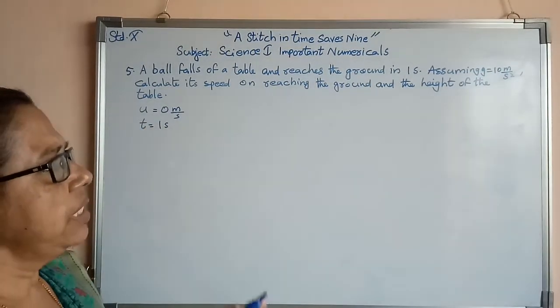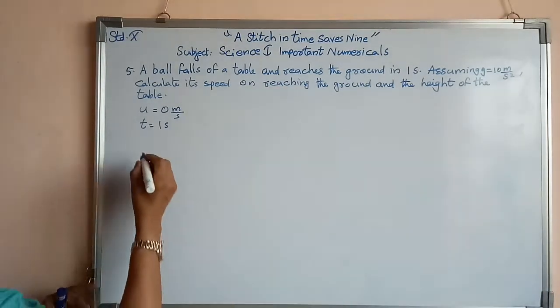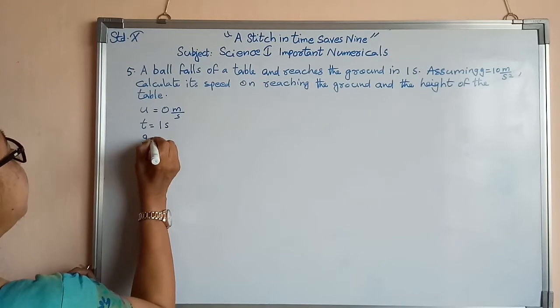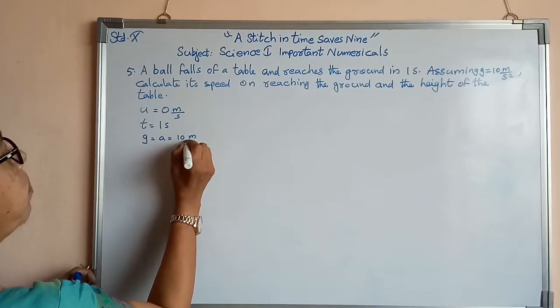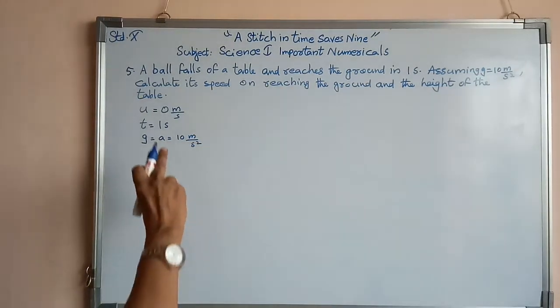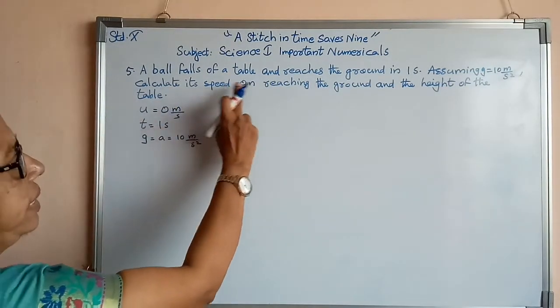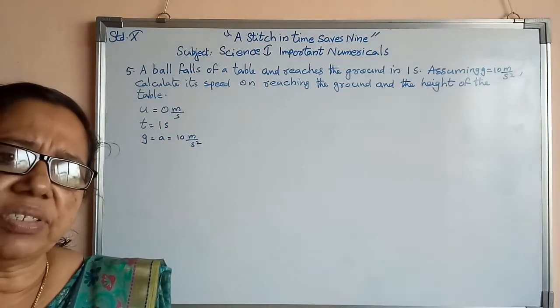Now assuming g means gravitational acceleration, that is equal to a. So we can write here g is equal to a, that is equal to 10 meter per second square. Now you need to find out which things are asked. Calculate its speed. Initial velocity we found out.